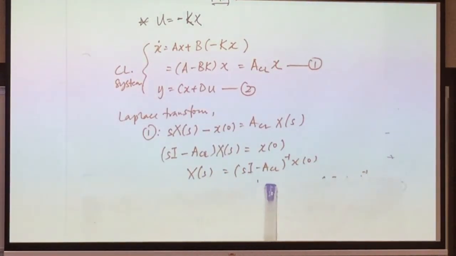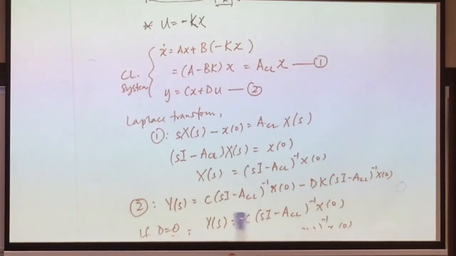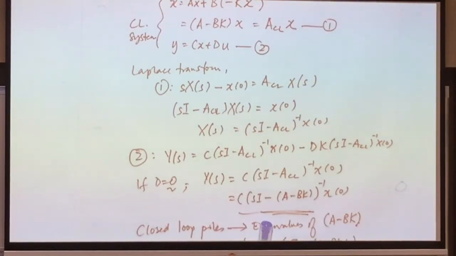So you have X(s) equals (sI minus ACL) inverse times x0. You substitute this back into equation 2 for output. So output is Y(s) equals CX plus DU. U is now minus KX. If D is 0, we end up with this.